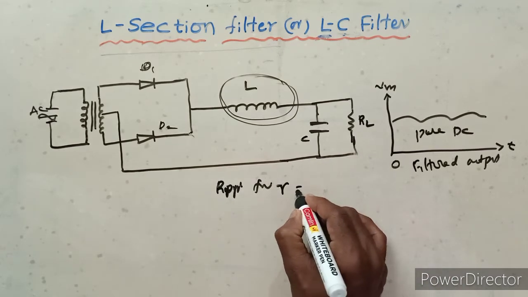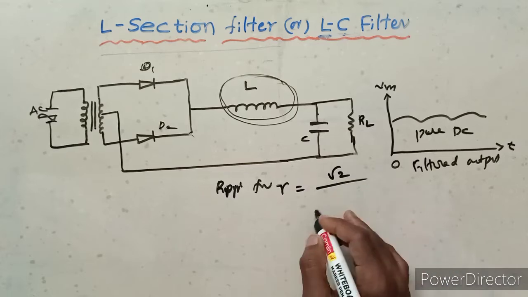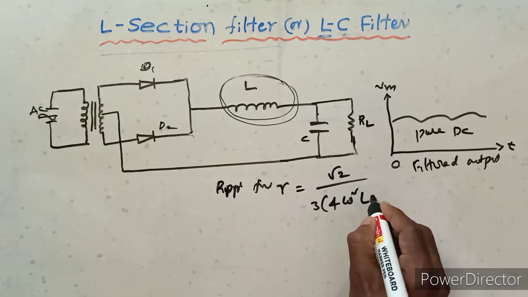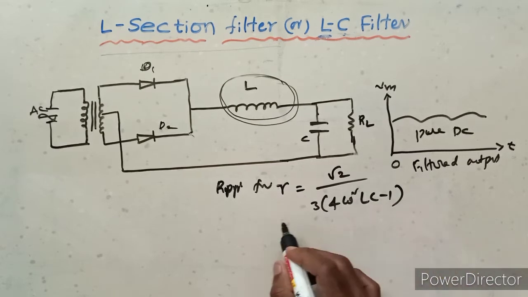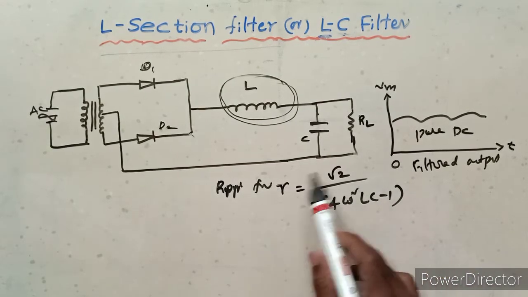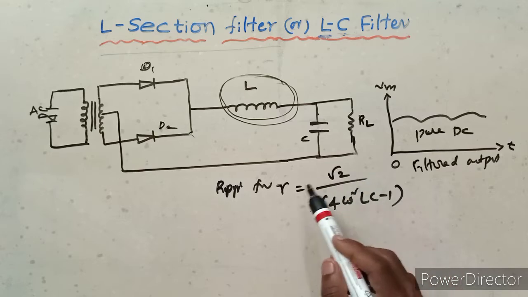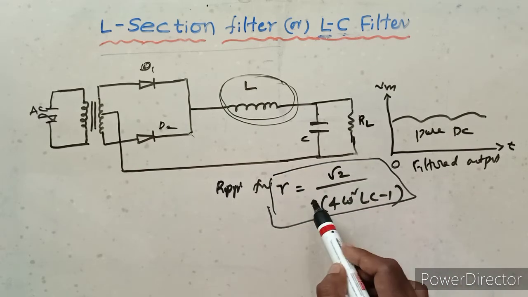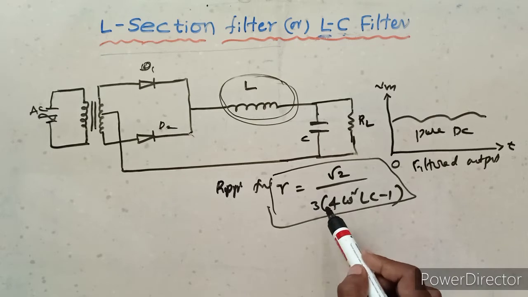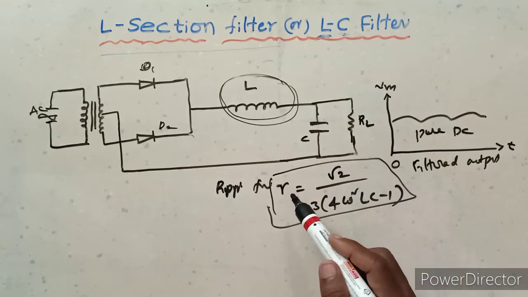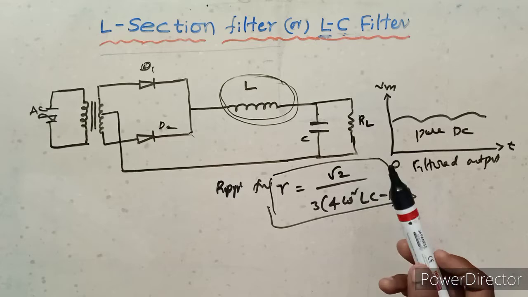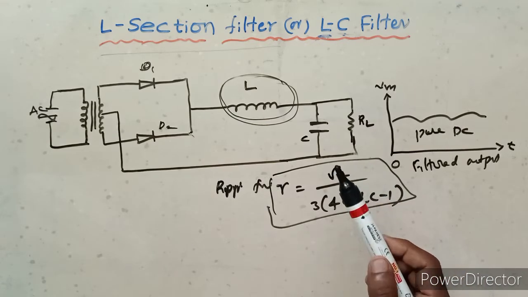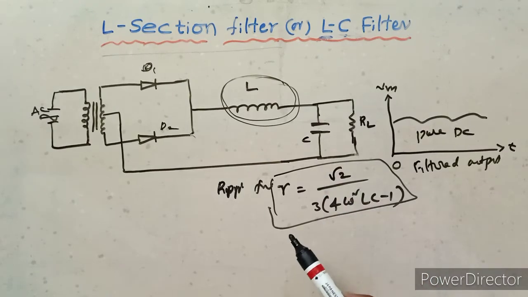Here ripple factor is root 2 upon 3/4 omega square LC minus 1. There is no RL here, because this ripple factor is independent of load resistance. So there is no load resistance.